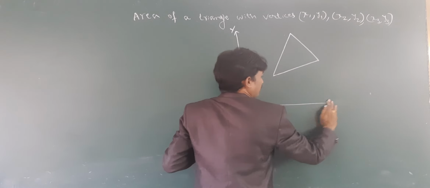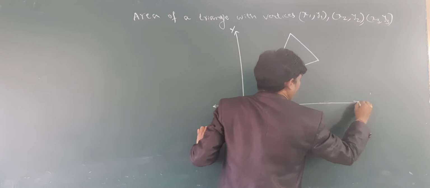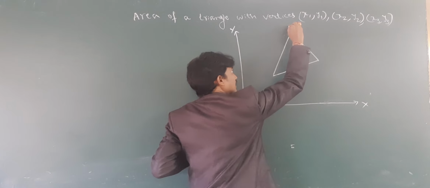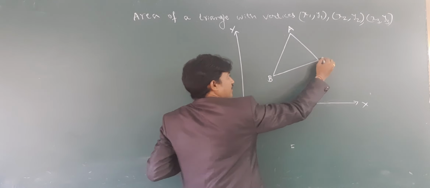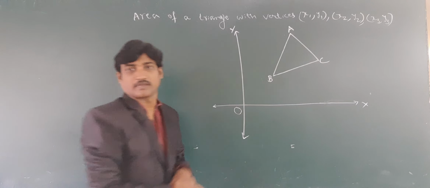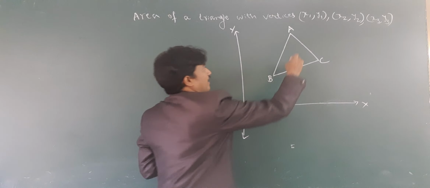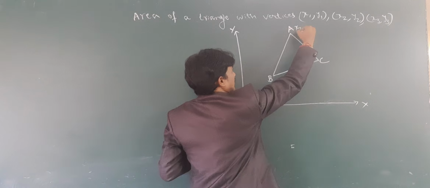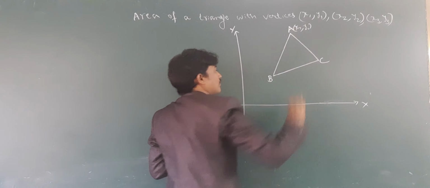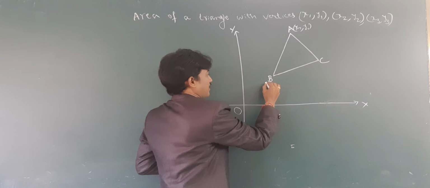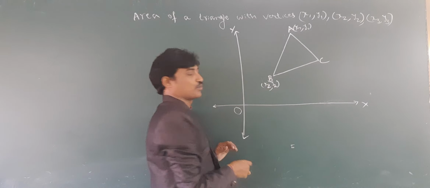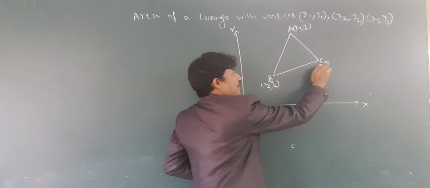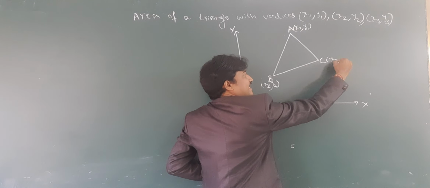I'm taking a triangle on these axes. For example, here is the triangle ABC with A (x1, y1), B (x2, y2) and C (x3, y3).